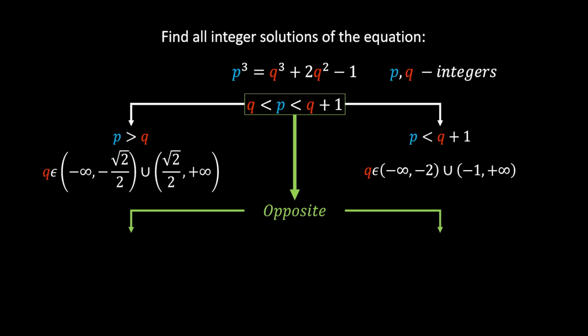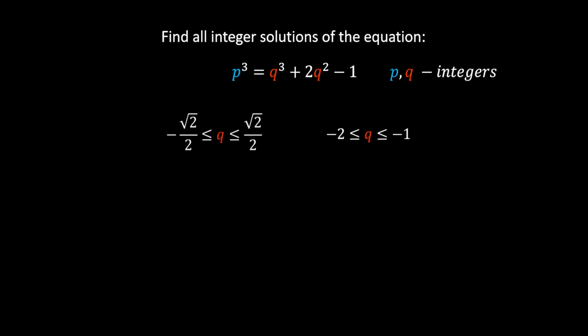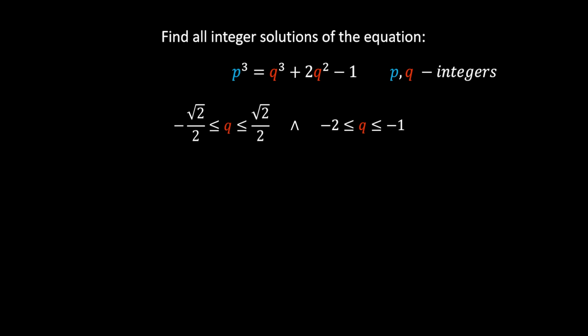And the opposite condition from the one on the left is that q is in the range of minus square root of 2 over 2 to plus square root of 2 over 2, including those two values as well. And the opposite condition for the right side is that q is located between minus 2 and minus 1, including those two values. So, let's now try to find the integer numbers which match our condition.